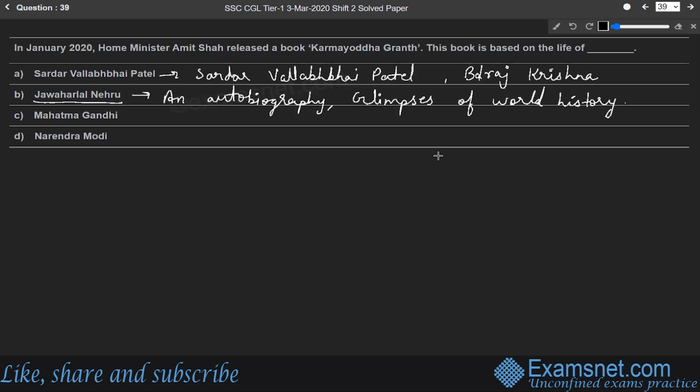Next is Mahatma Gandhi. The books that were written on the life of Mahatma Gandhi were The Life of Mahatma Gandhi and The Life of Lenin. Both these books were released by Louis Fisher.